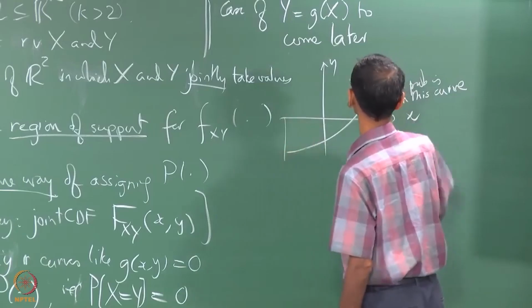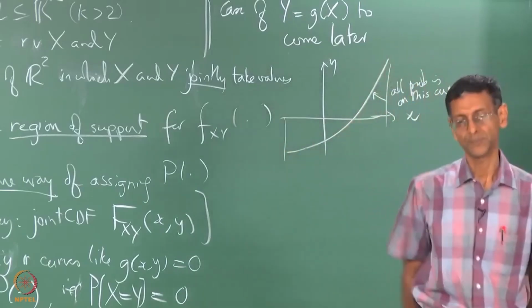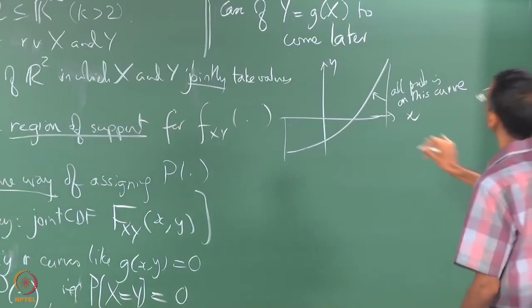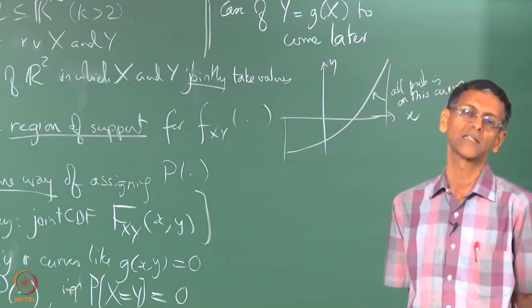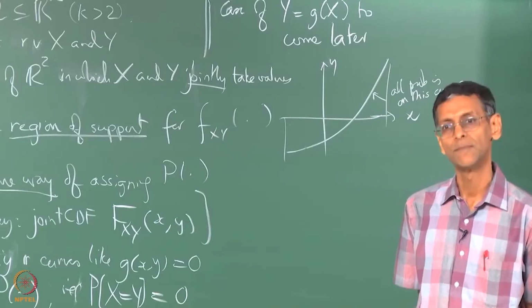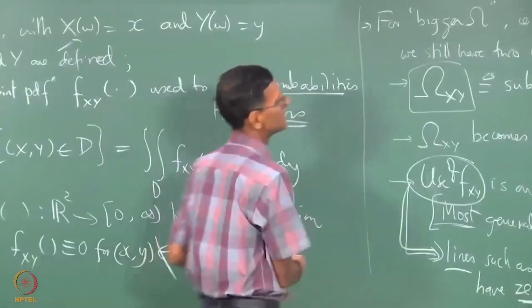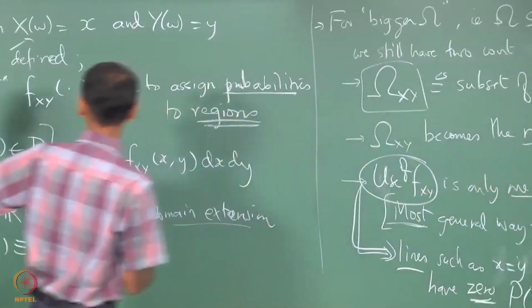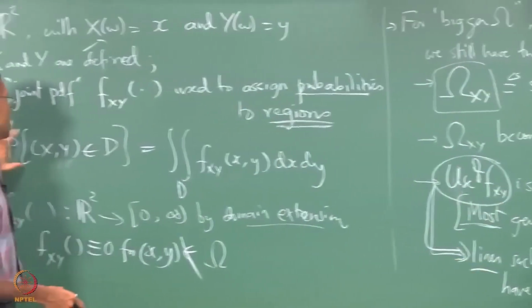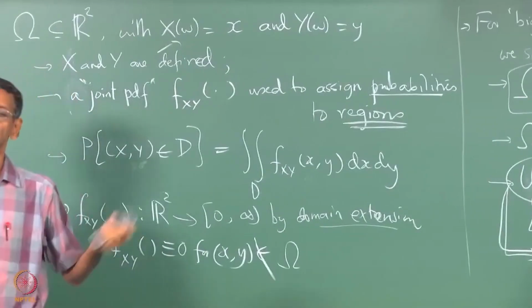It could be over some interval, whatever. So in that situation you cannot talk meaningfully of a joint PDF.